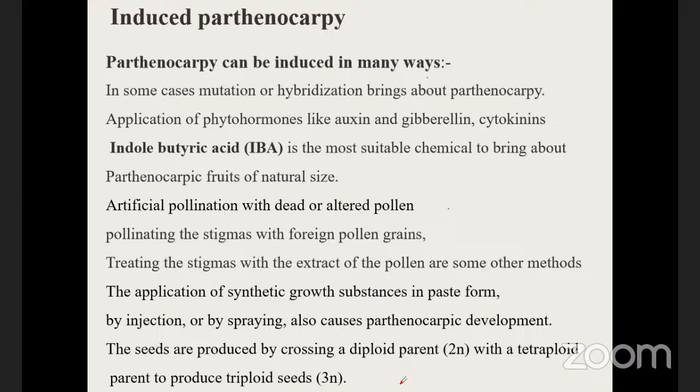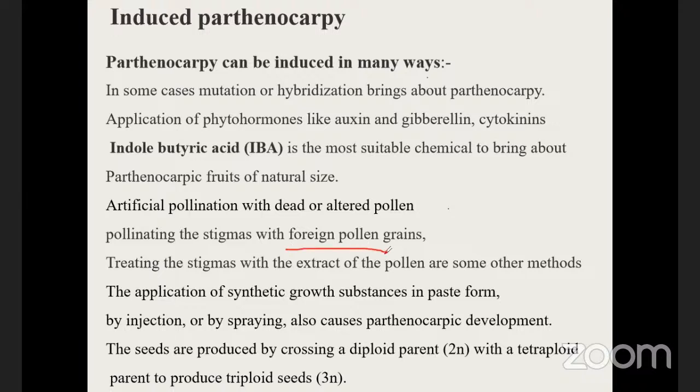You see, parthenocarpy is induced in many ways, as I told you, auxins by using IBA. Usually for parthenocarpy, sometimes artificial pollination is needed. That means no need for pollen germination, just pollination stimulation, with dead or altered pollen, or pollinating the stigma with foreign pollen grains.